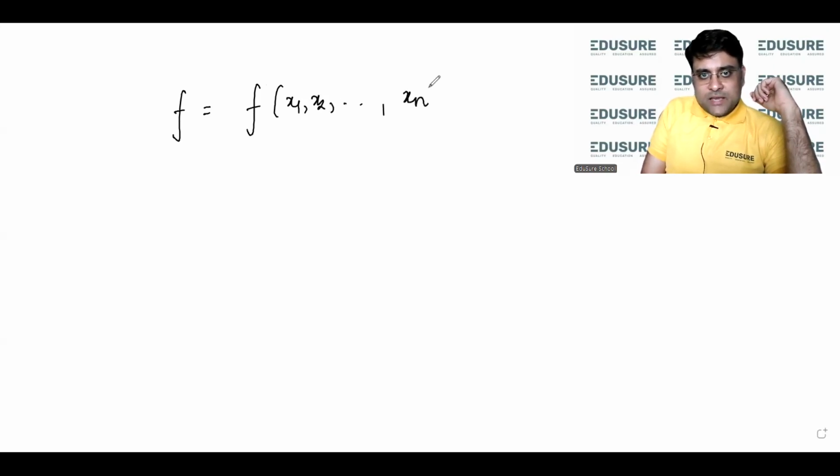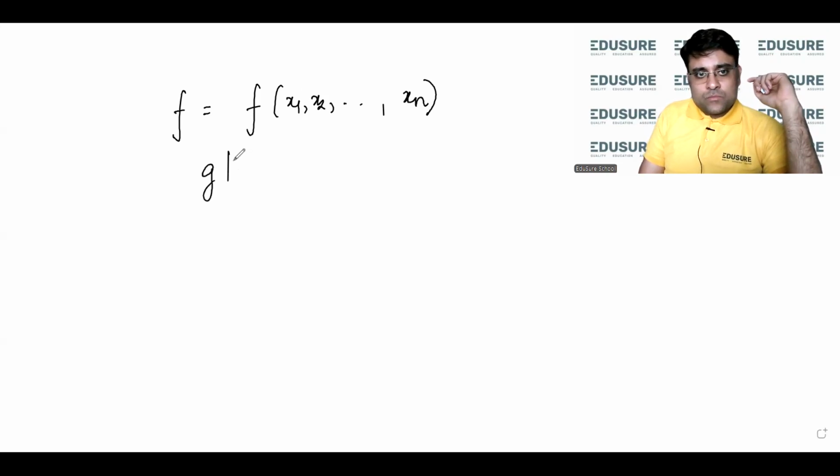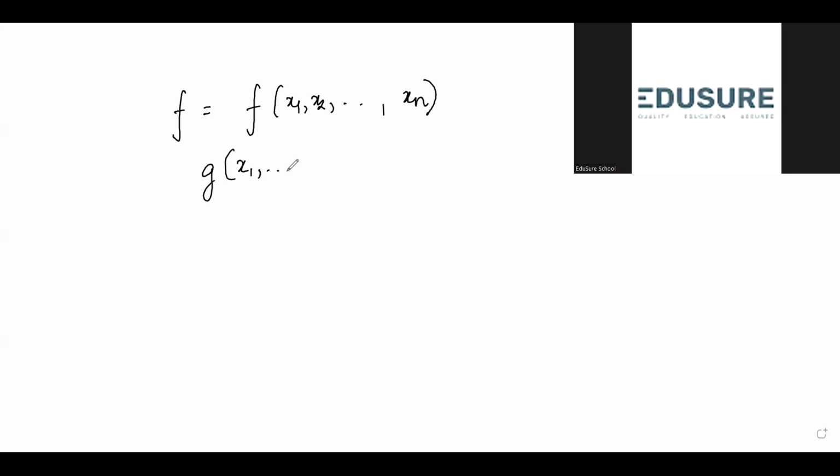It has n variables, x1 up to xn, and it has a constraint that deals with, supposing only one constraint. Let the constraint be dependent on all the n variables and is equal to c.